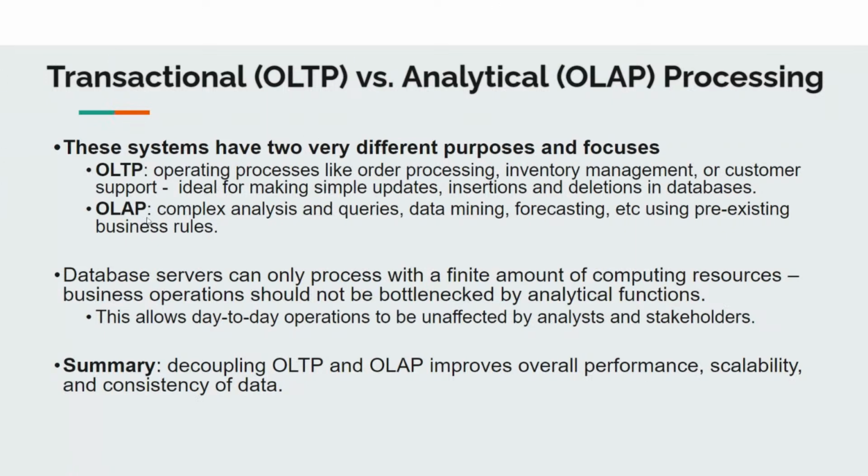But online analytical processing is different. It often takes data from transaction processing systems, and it helps with complex analysis and queries, data mining, and forecasting, using pre-existing business rules. These business rules may be different than transaction processing. They may be business rules used for analytical purposes. So you take this data, you transform it, you store it for use in analysis, and then you start defining calculations or business rules.